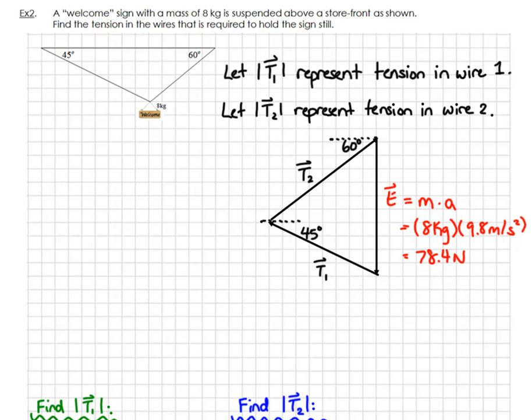Now, I need more information inside my triangle, so I'm going to start playing with it a little bit. This looks like it should be 90 degrees, because the equilibrium force goes straight down due to gravity. This also looks like it would be 90 degrees, which would make this 30 degrees. And this is going to be 60 degrees, because we've got a Z like that.